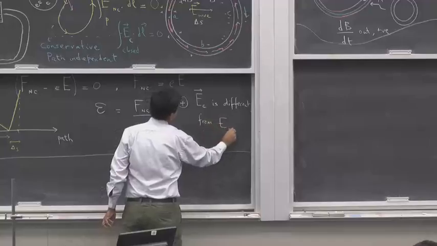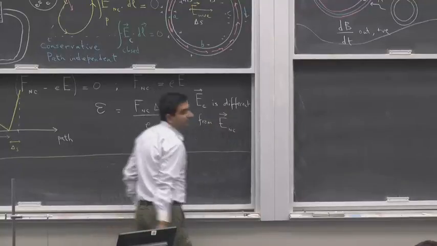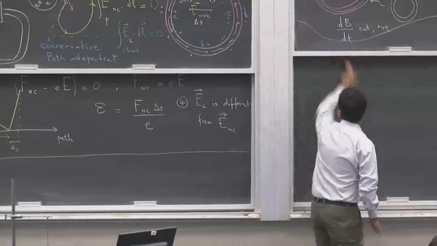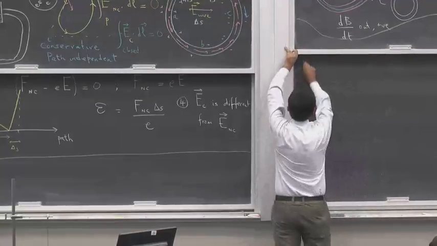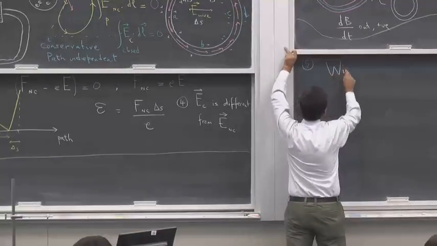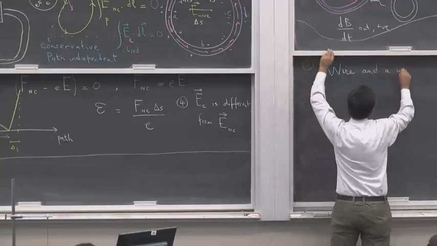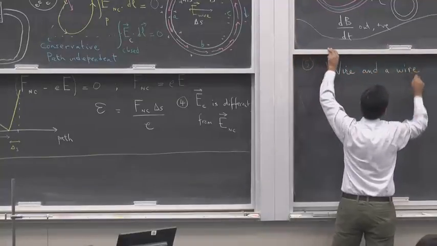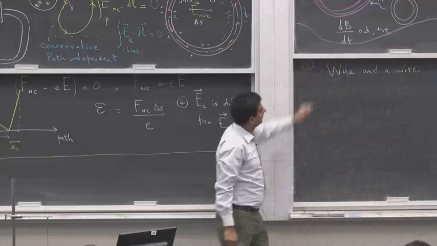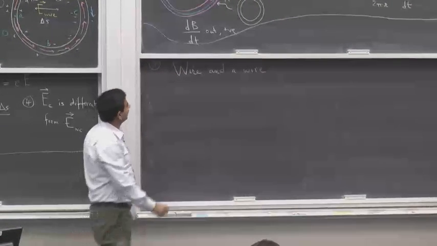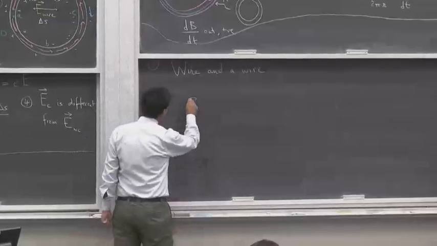One is conservative, the other is non-conservative. I would now like to talk about some applications. The first example I would like to choose is a wire and a wire. Now an interesting example, right? It's a nice name.